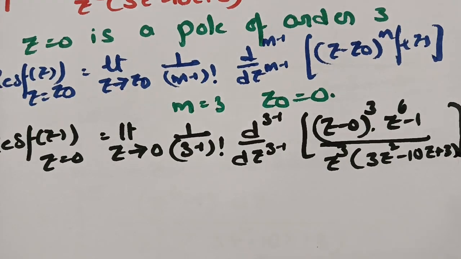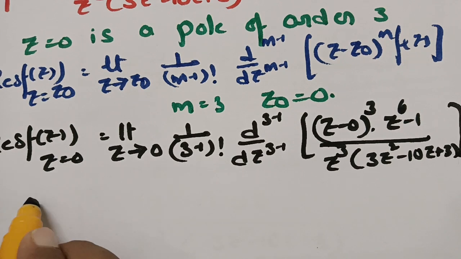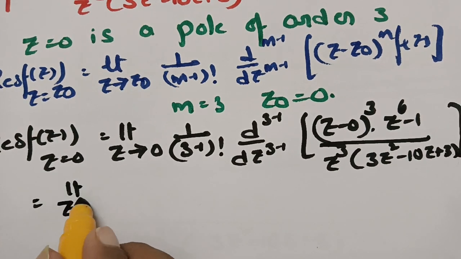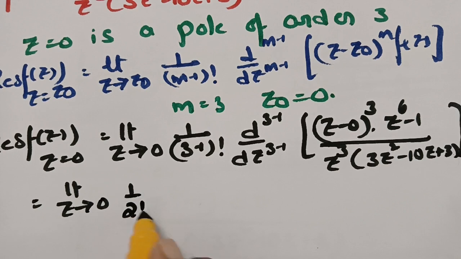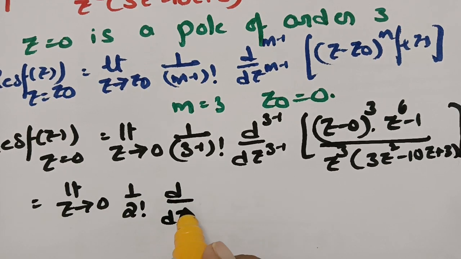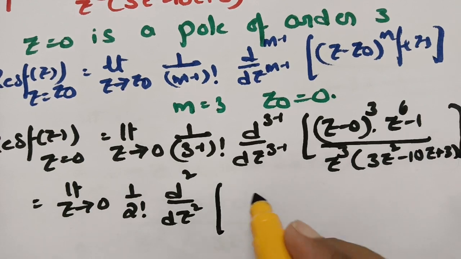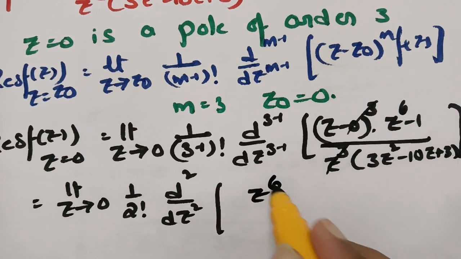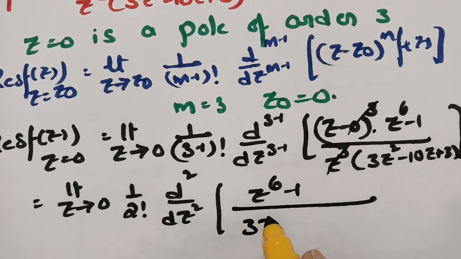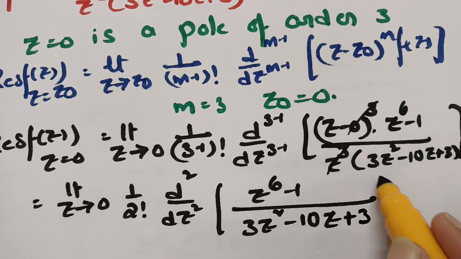Therefore this can be written as limit z tends to 0 of 1 by 2 factorial into d by dz square of, if I cancel this z cube, (z power 6 minus 1) by (3z square minus 10z plus 3).